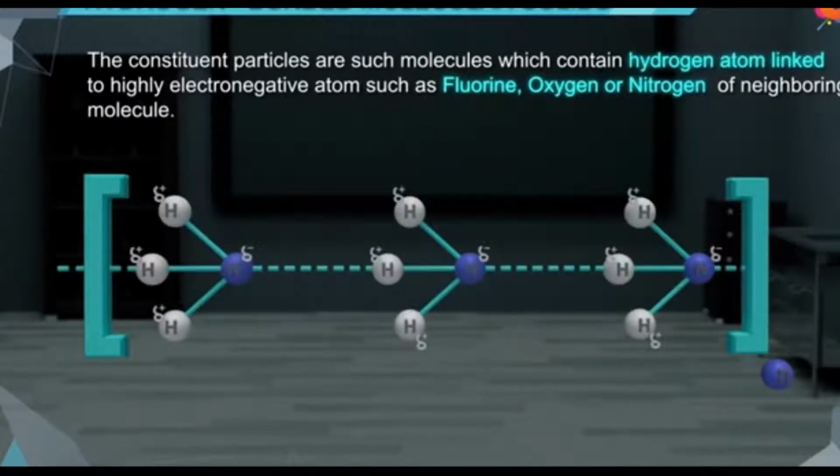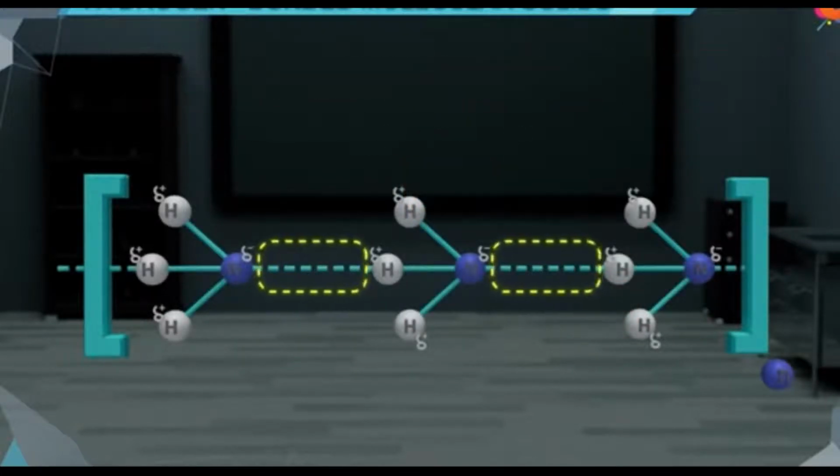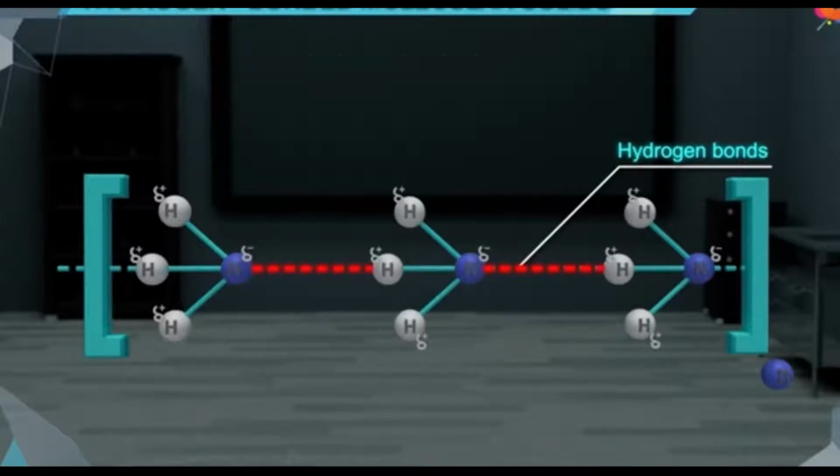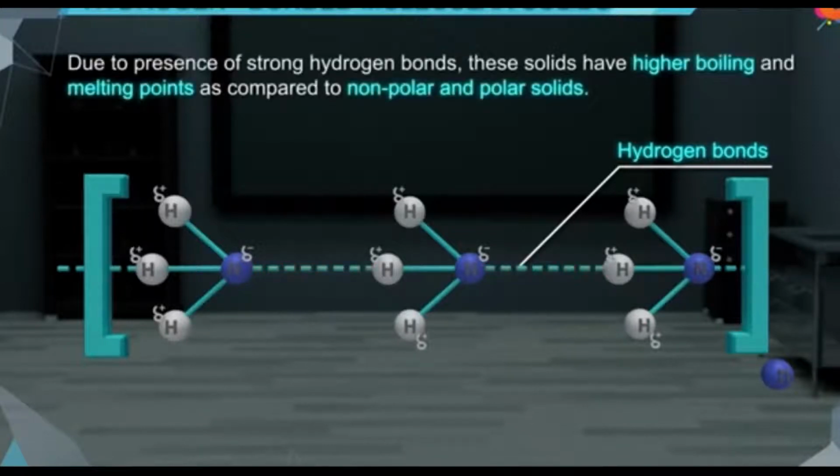This link between the hydrogen atom and the highly electronegative atom of the neighboring molecule is known as a hydrogen bond, and the hydrogen bond is represented as a dotted line. Due to the presence of strong hydrogen bonds, these solids have higher boiling and melting points when compared to non-polar and polar solids.